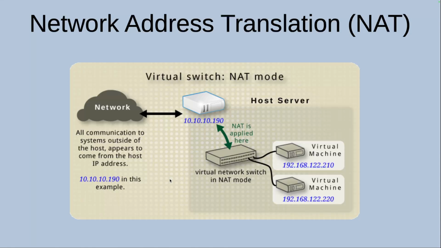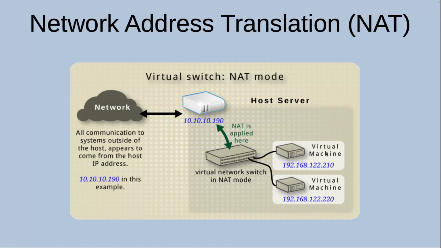So if you pull the actual packets, you will see that it's all coming from the host server. Keep in mind that there are ways to tell which machine it's coming from. We're not getting into that because that's a whole complex thing, and there's a lot more to it. This is just a simplified version.